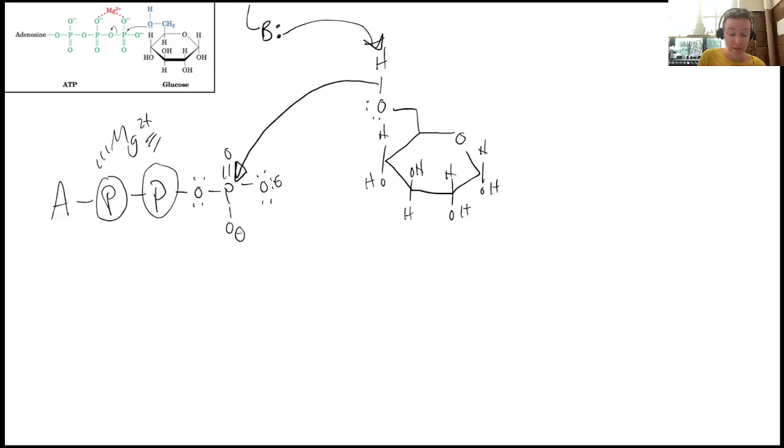Phosphorus only forms 5 bonds at a time, so we need to break off this last bond. And what do we get?